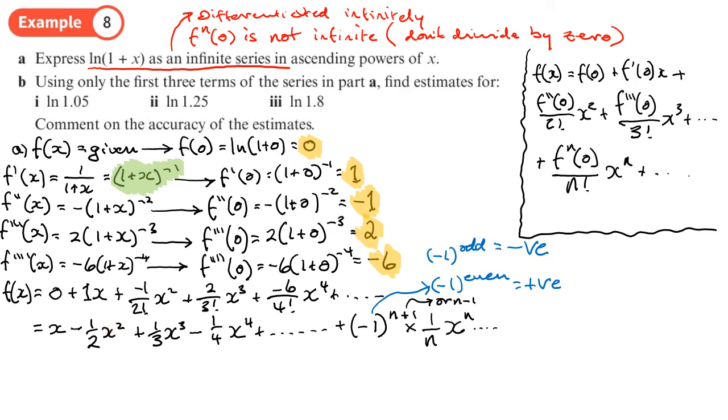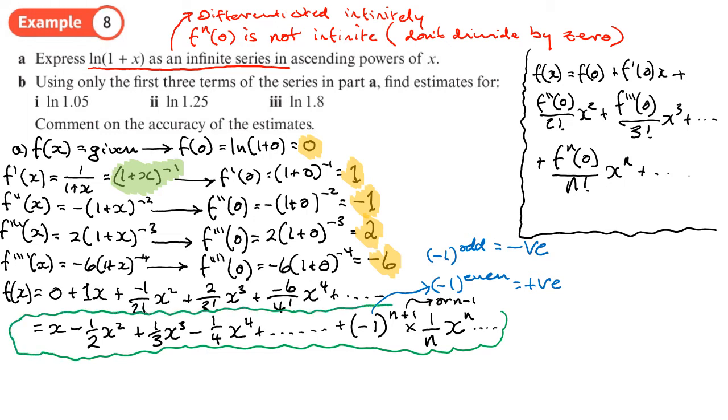So let's just stick a box around this here, because this is what we're going to use for the next bit. Basically this is the expansion of natural log 1 plus x. Here it can be written like that.